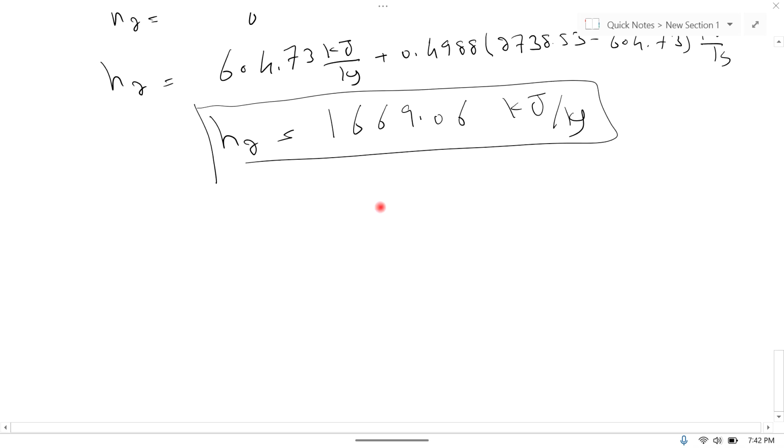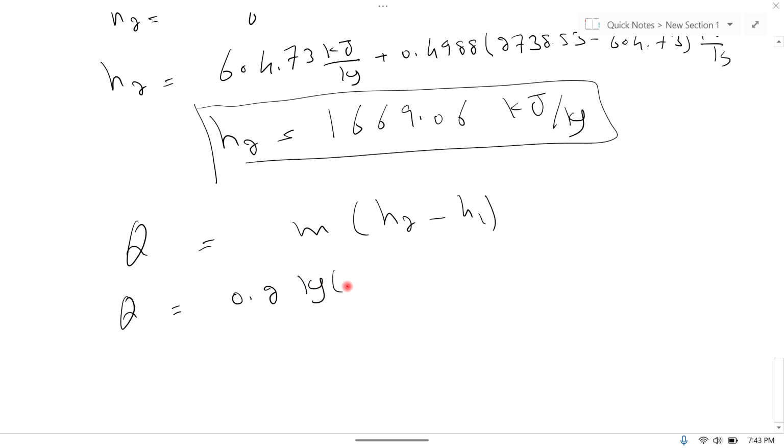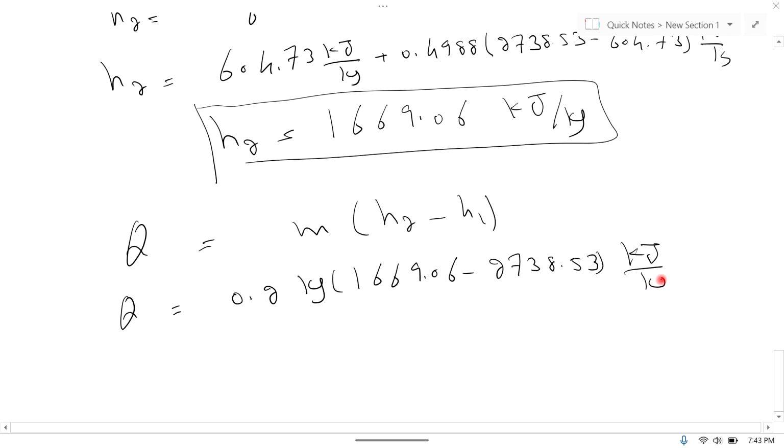Now Q is equal to M into H2 minus H1. The value of M is 0.2 kilogram, H2 is 1669.06, and H1 is 2738.53 kilojoule per kg. Kilogram will be cancelled with kilogram.